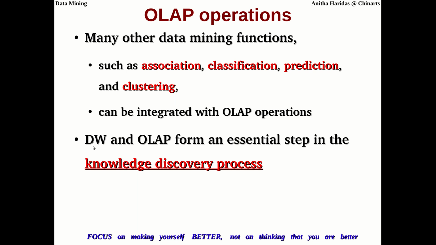So the data warehouse and OLAP form an essential step in the knowledge discovery process, because in data mining we are extracting some pattern or some kind of knowledge from the hidden data. Where do we have the hidden data? We have the hidden data in the data warehouse. So between the data warehouse and the data mining tool, we have one engine called the OLAP server engine.